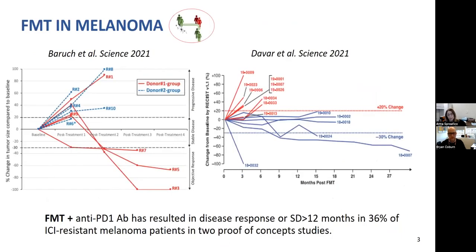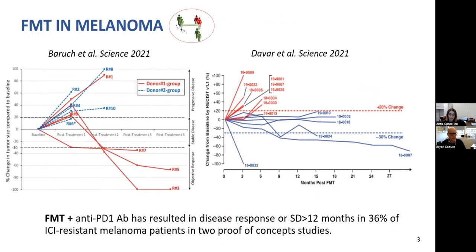This is a slide that summarizes basically the results of the two important fecal microbiota transplant trials that were published in Science in 2021. Fecal microbiota transplantation consists in the transfer of the entire gut microbiota from one host to another one, just to give you the background.